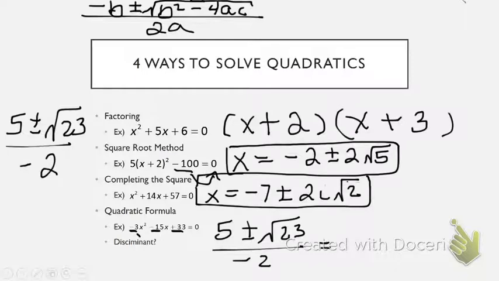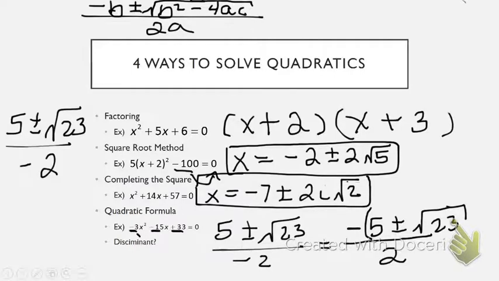We would simply bring this up, keep the 2 on the bottom, and this would become a -5 plus or minus the square root of 23. We are able to do that because of your negative rules, okay? Now, this should technically be in parentheses, okay?